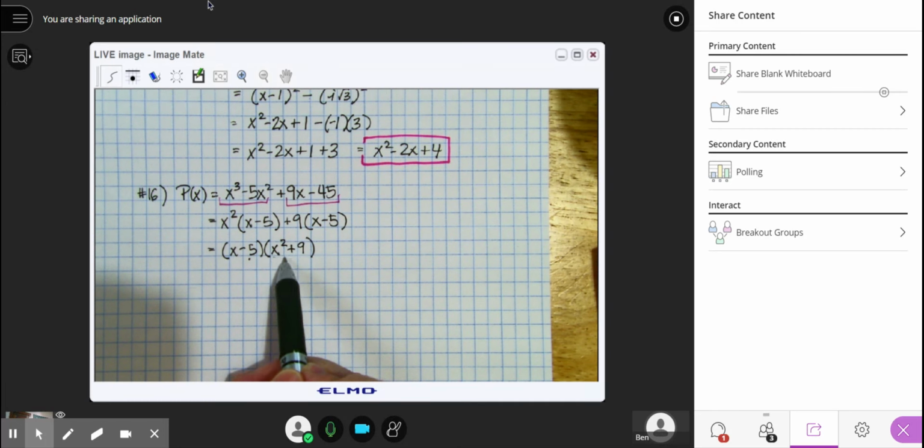Now, for real numbers, this is that same thing you got caught up on before. If this was a minus, you could, but because it's a plus 9, you cannot. This is all the further you can go. X squared plus 9, you cannot go any further with real numbers. So that would be it for part A.